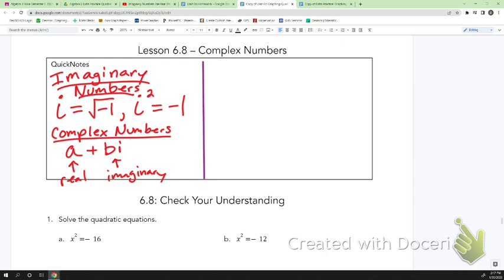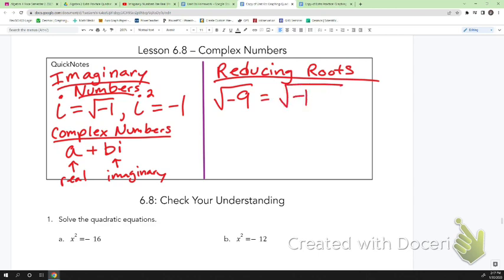We're going to talk about reducing roots. We did an example together. We're going to do another one here in a minute. Reducing roots will come in handy tomorrow when we put this all together into the quadratic formula. So, for example, the square root of negative 9 we did earlier, we broke that down into negative 1 times 9.